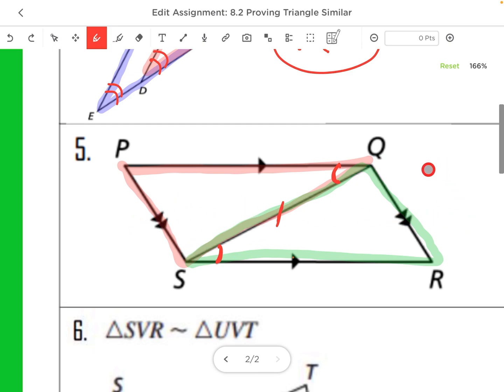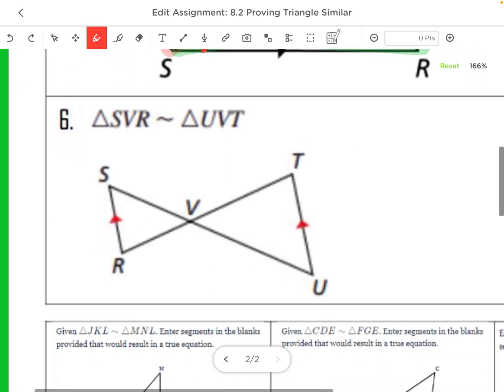So if these two lines are parallel, right, this one is parallel with this one, and it's cut by this transversal, then that tells us that this angle is equal with this angle, right? So then if we have an angle and an angle that are the same, that means that third angle is also the same. So that's enough to prove it. Angle is enough to prove it. Okay? All right, now let's keep it moving.